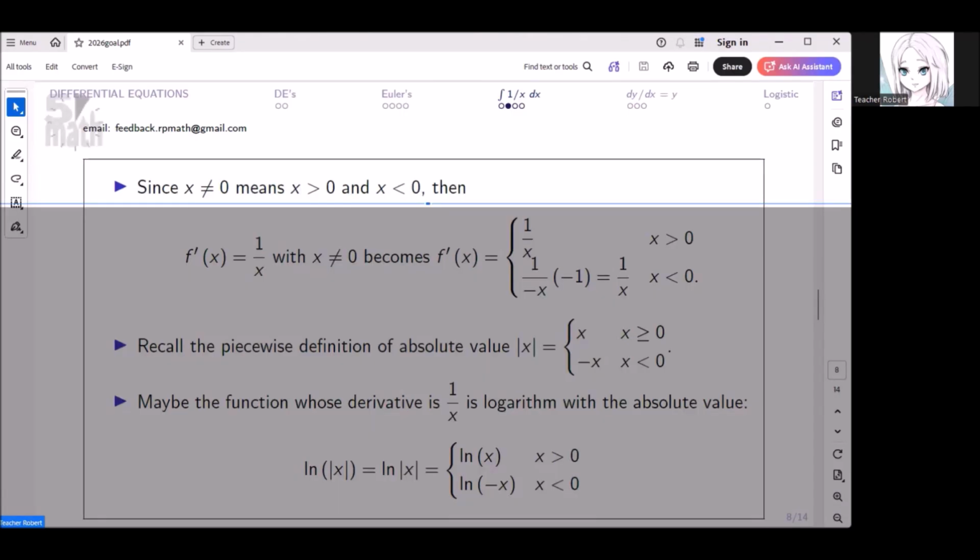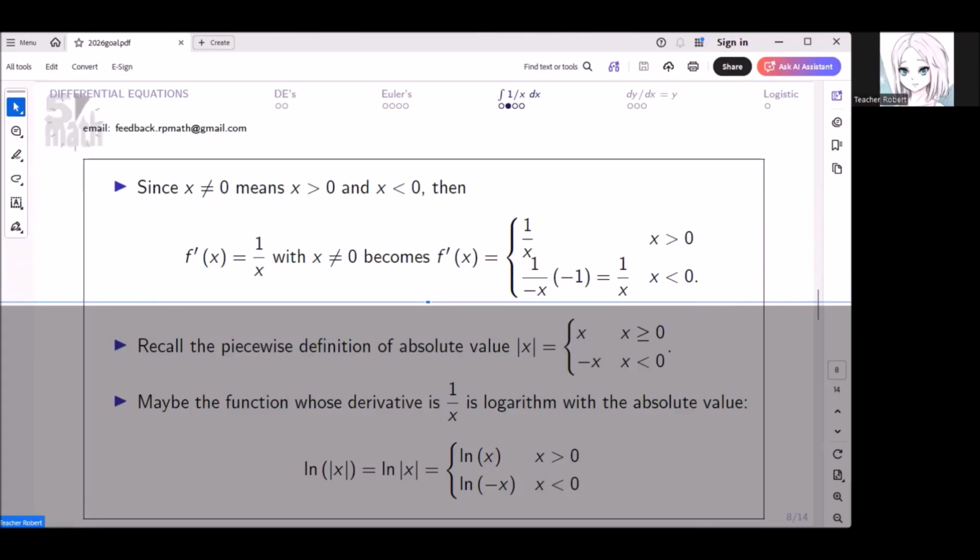Since x not equal to 0 means x greater than 0 and x less than 0, then f prime of x equals 1 over x with x not equal to 0 becomes f prime of x equals 1 over x for x greater than 0, 1 over negative x times negative 1, which is 1 over x, for x less than 0.